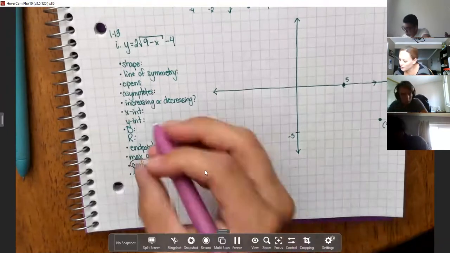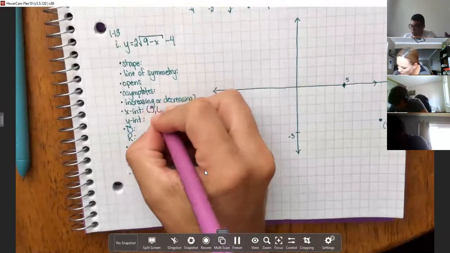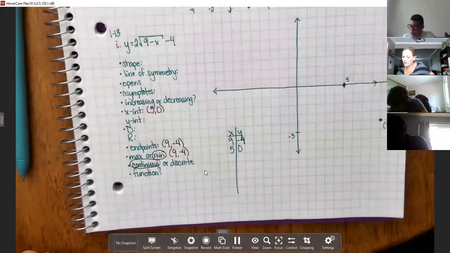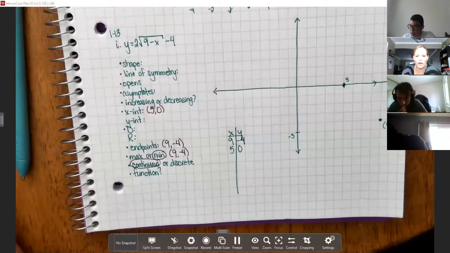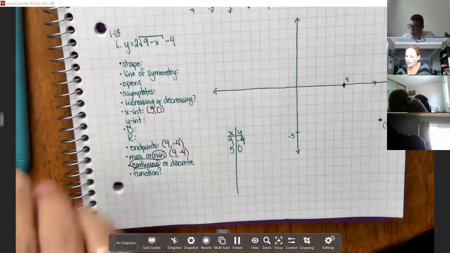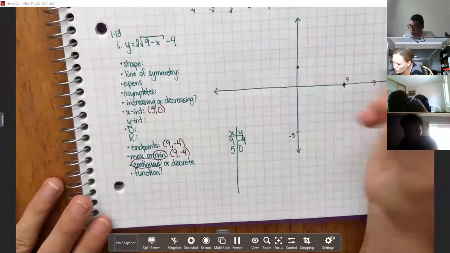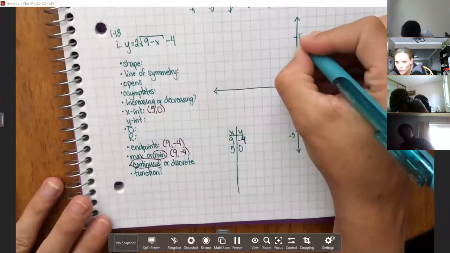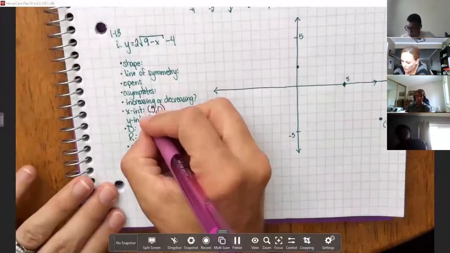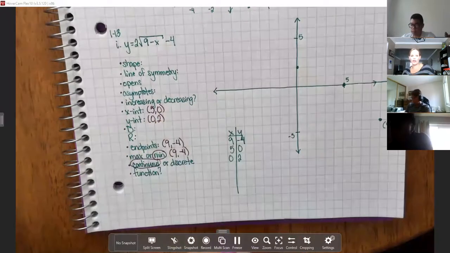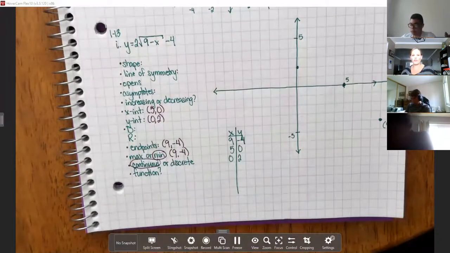We see an x-intercept at 5, 0. And then let me go back to the graph and we can fill more in. Our y-intercept is here at 2. So 0, 2 is our y-intercept. So again, it's not requiring too much thinking other than you being familiar with what these terms are.